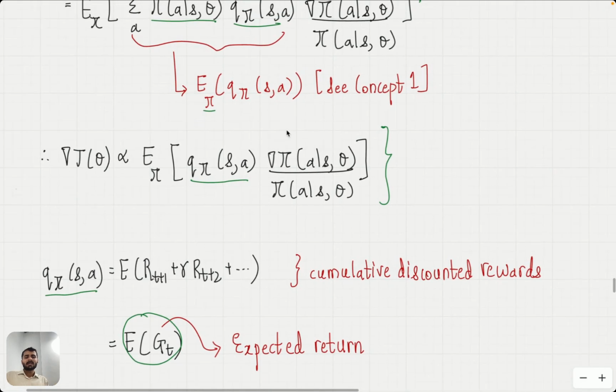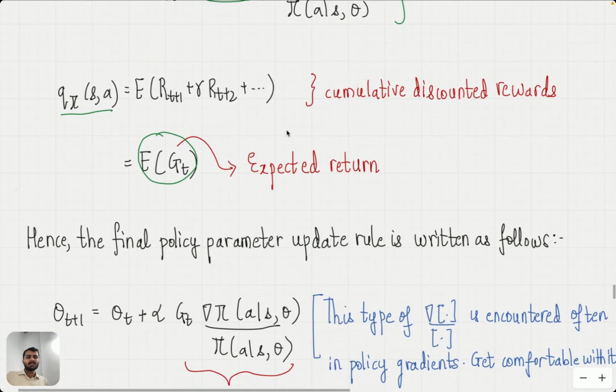So I understand that this is a bit mathematical. I will again explain this, but let's go to the final policy update rule, which is written over here. Finally, we get theta t plus 1 is equal to theta t plus alpha times expected return into gradient of the policy divided by the policy itself.